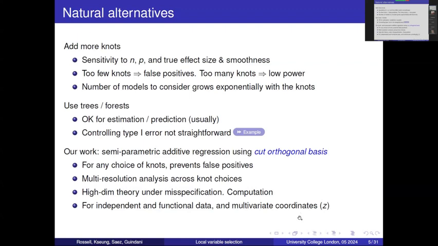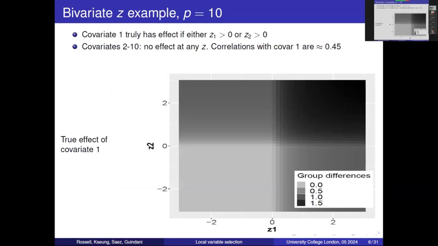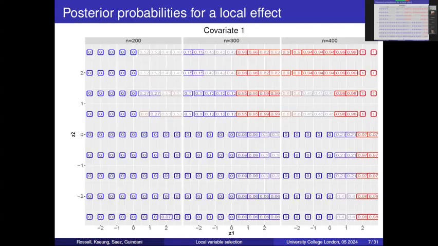In the example that I just showed you, Z was univariate. I'll skip this for the sake of time, but this is an example where Z is bivariate, and the summary is just that the same thing happens. There's a simulation setting with different sample sizes, and in the bottom right corner we should be seeing zeros, since there's really no effect, and that's what we see for every sample size.